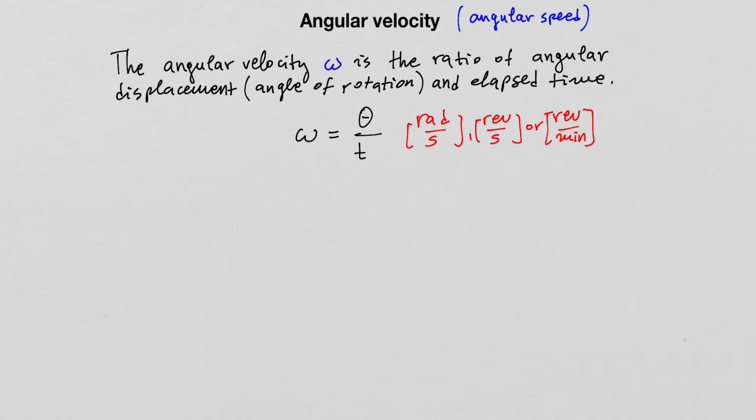Degrees per minute is not a common unit, so we are not going to list it here. Since the angular velocity is a vector quantity, that means that it has direction. Now, the way to determine the direction of the angular velocity is by using the right-hand rule.